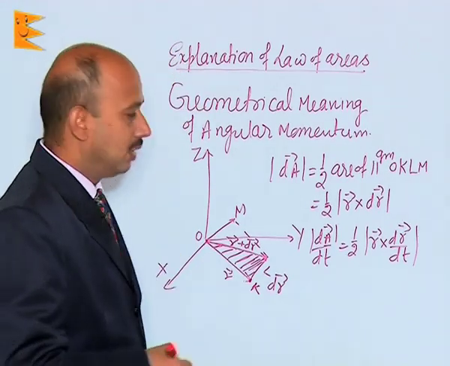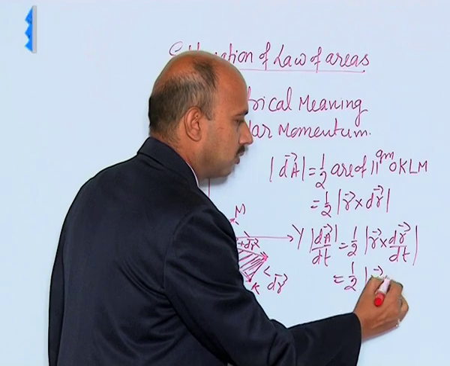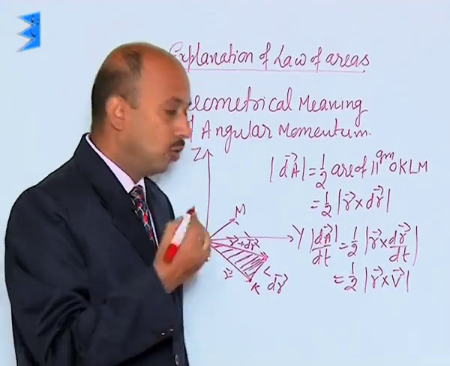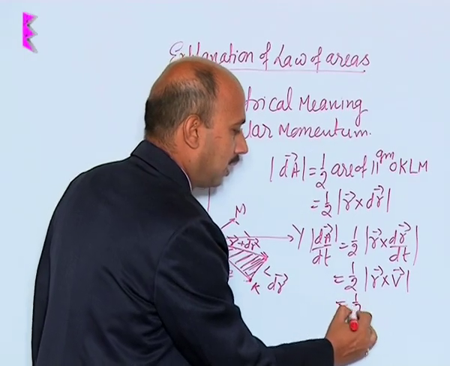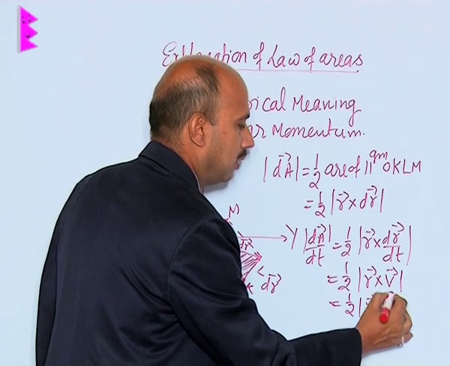dr upon dt can be written as velocity. So we can write 1 upon 2 r cross v, and this v we can replace by linear momentum, so we can write half r cross p upon m, where p is the momentum vector.